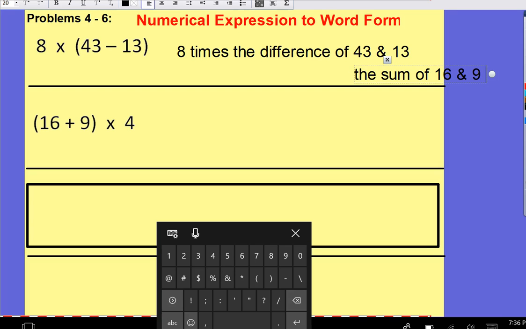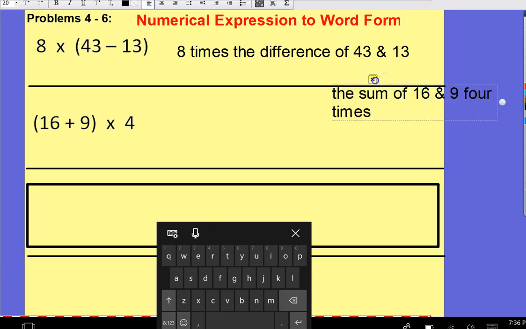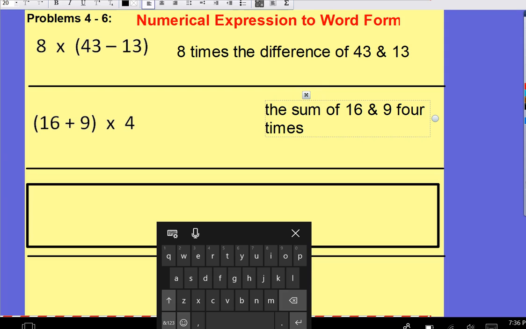I could just say times 4, or I could say 4 times. Those would be the main two ways. So I would say the sum of 16 and 9 4 times. And that's the word form for what we see in this second problem.